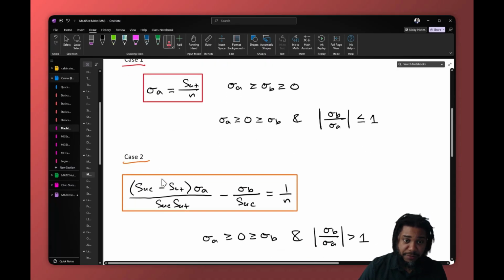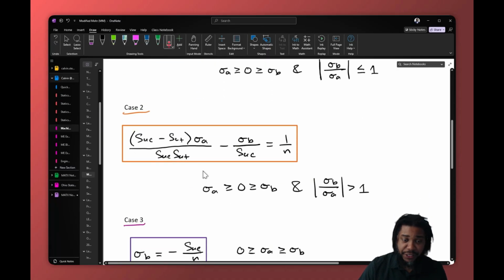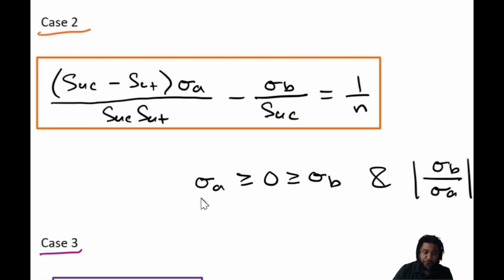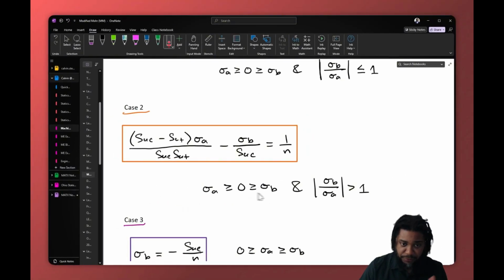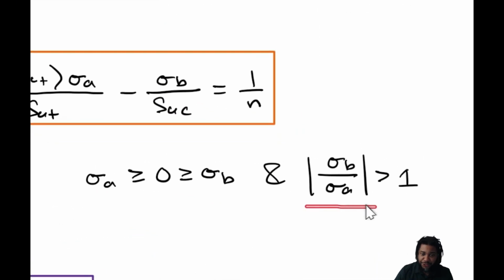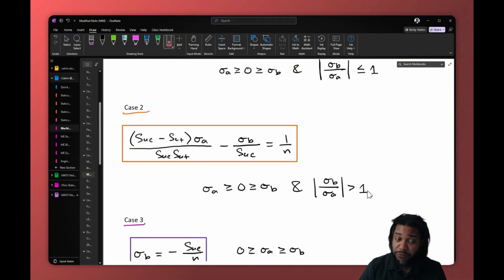Case 2 is the modification of our fourth quadrant. Here, this is assuming the first principal is greater than 0, and the second principal is less than 0, where the ratio of those two values is greater than 1.